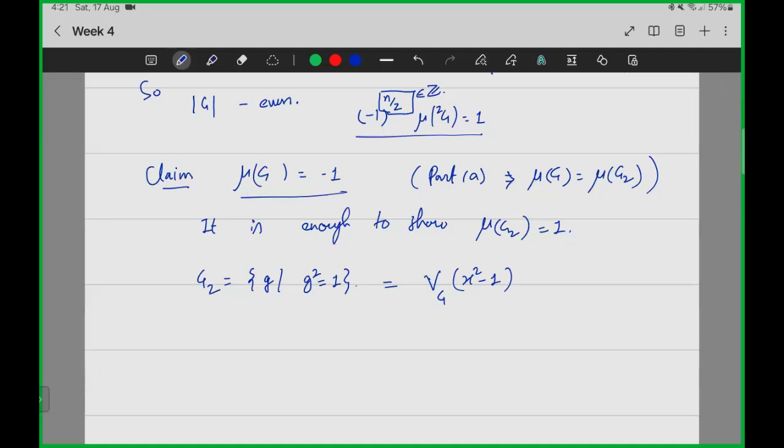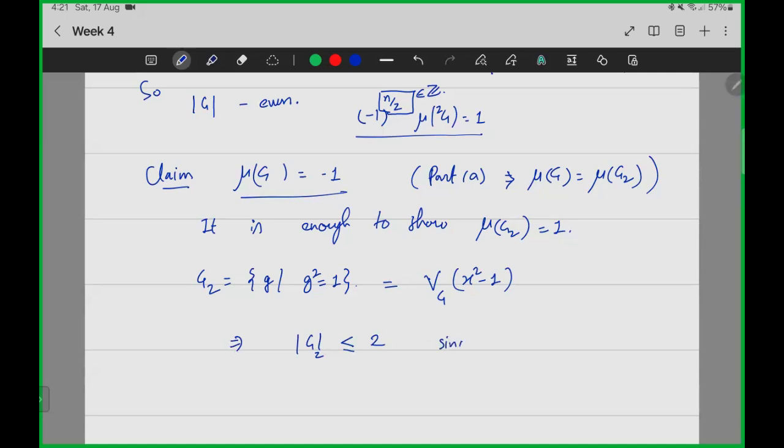How many roots can it have in a field? At most 2. And g is a subgroup of that multiplicative group, so the order of the set g2 cannot exceed 2, so it is less than or equal to 2, right?